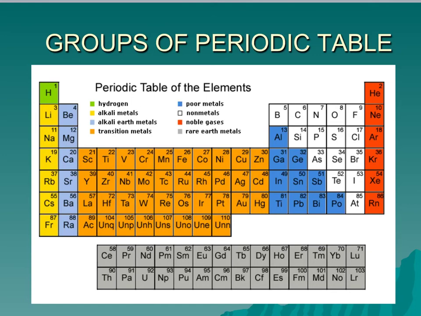Okay, so there are other groups of the periodic table that you will need to know. Even though hydrogen is over here, it is not actually an alkali metal. So you can see here, these are the alkali metals. Okay, and then you have the alkaline earth metals here in blue.